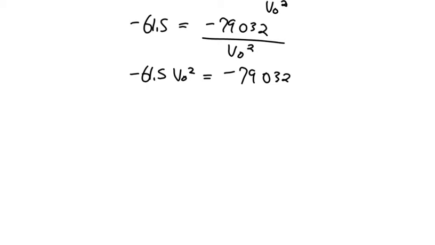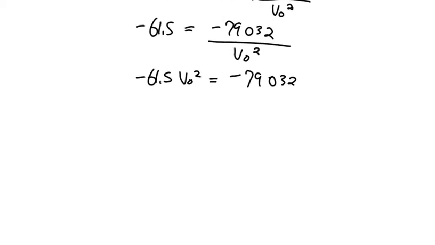So I'll divide both sides by 61.5, and when I do that, I get v naught squared is equal to 1,285, and then I'll square root both sides, and I get v naught is equal to 35.8. And that's a velocity, that'll be meters per second.